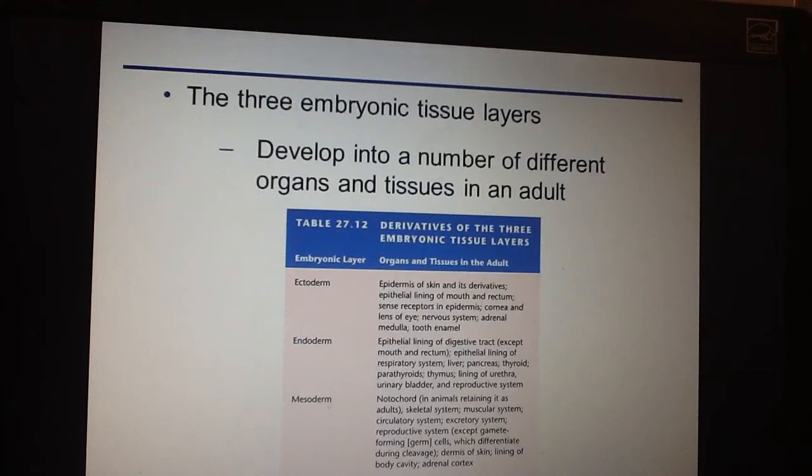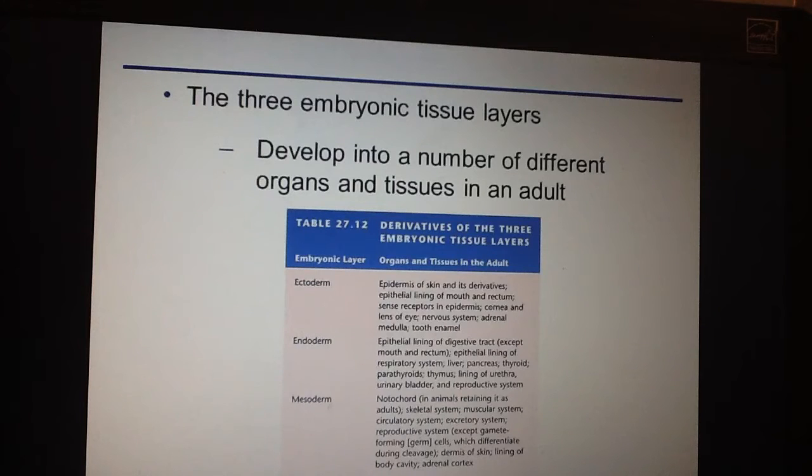If we look at the embryonic tissue layers, the endoderm, ectoderm, and mesoderm, what do they turn into? Well, the ectoderm mainly becomes the skin or the lining on the outside of things. Your endoderm becomes the lining on the inside, like the epithelial lining in your small intestine, which is part of your digestive tract.